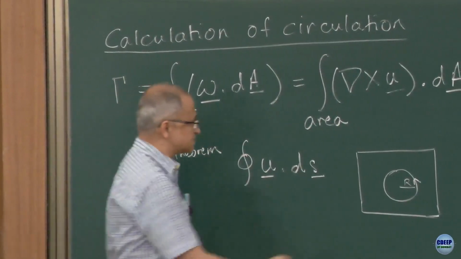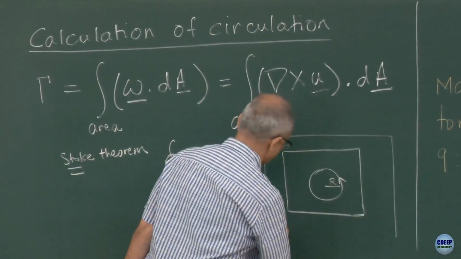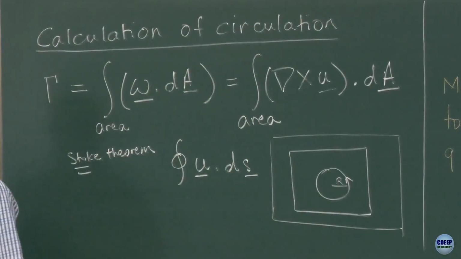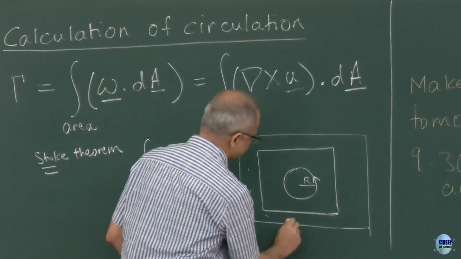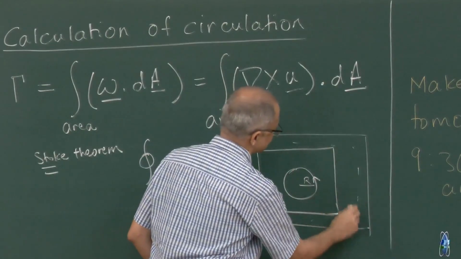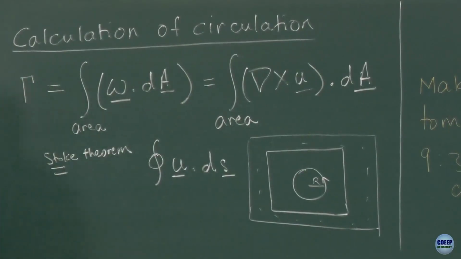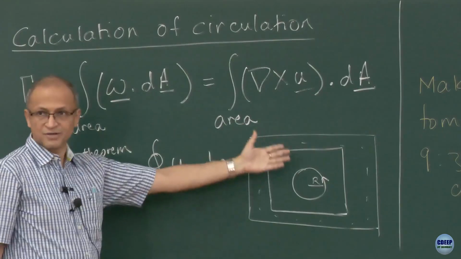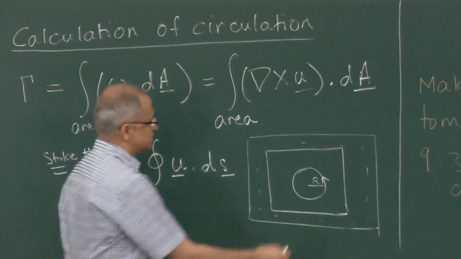And you can see that if I'm looking at this vortex, if I now change the area to this, my circulation will not change, because in this additional region that I have added, so my area has increased, but the region that I have added has no vorticity. So this omega is not there, and therefore adding anything additional is not going to change anything.